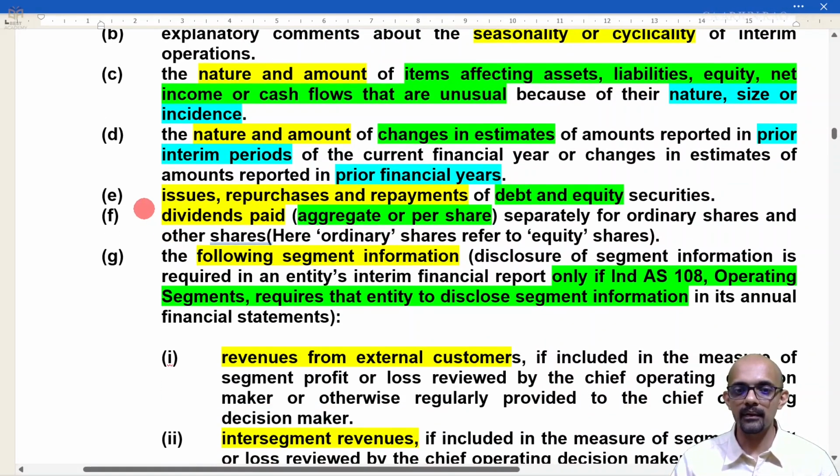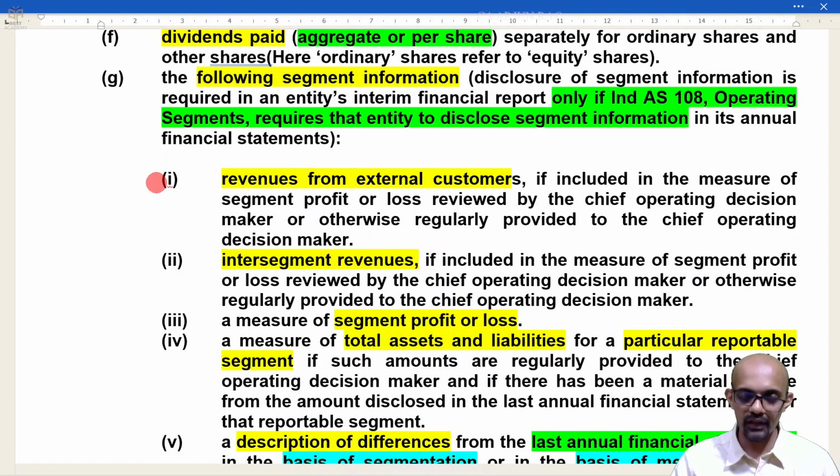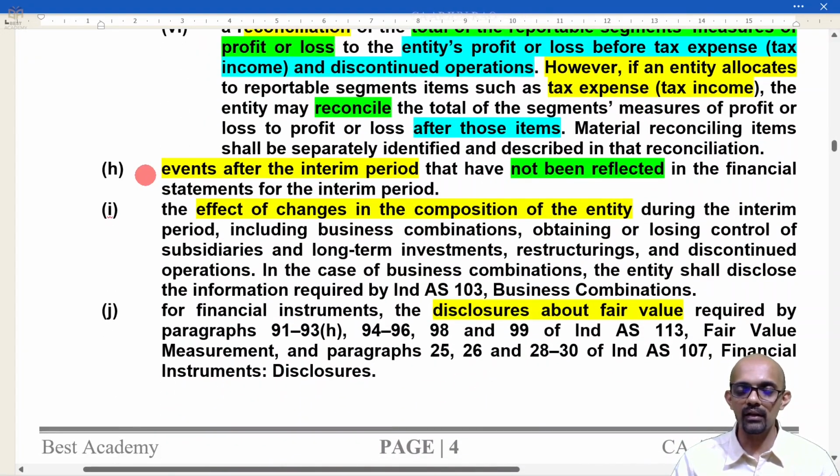Then issues, repurchases and repayments of debt and equity, dividends paid, and segment information if Ind AS 108 requires. These disclosures are similar to the 108 disclosures for annual. Then events after the interim period that have not been reflected in the financial statements, if they are significant, need to be disclosed.